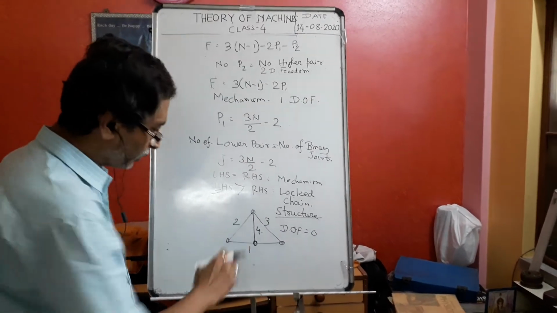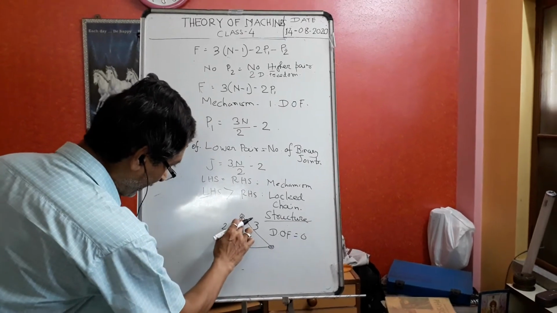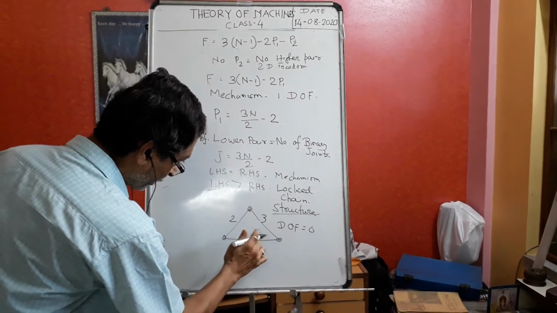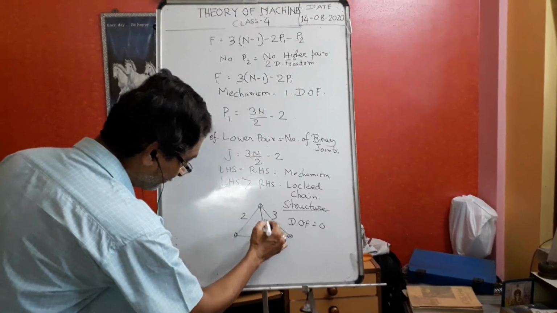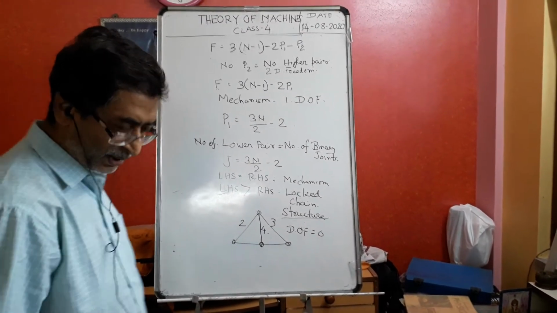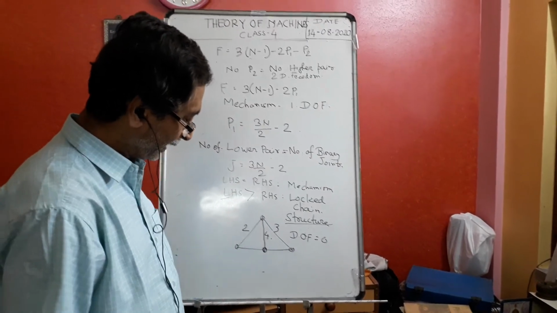Can anybody find the degree of freedom of this now? Earlier it was like that. Now I put one link again. What is the degree of freedom now? Very interesting. I put another link.